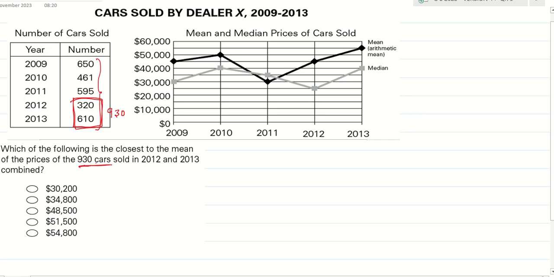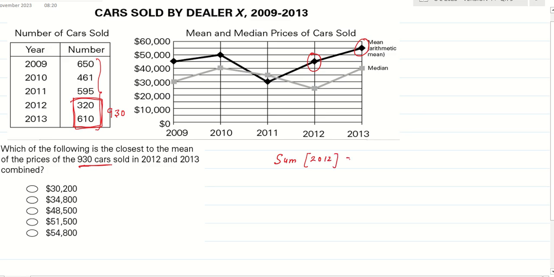Now mean price, we know that. How much mean price given here? 12 and 13. Look at this mean price. Correct? Mean price, I know that. If I know the mean, and then the mean, again the mean, both mean together. So I'll find the summation first. Find out the sum of the price of 2012.